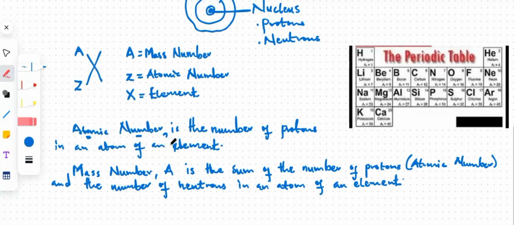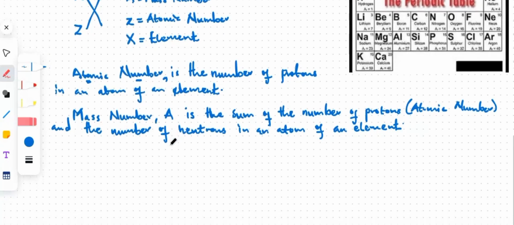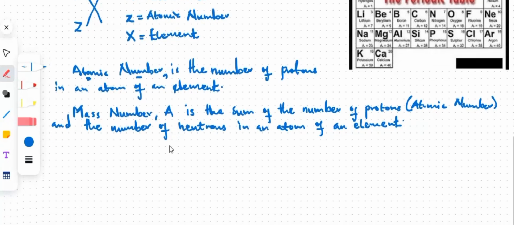So basically these are the definitions you must know, and you can represent them mathematically. Atomic number Z is equal to the number of protons.